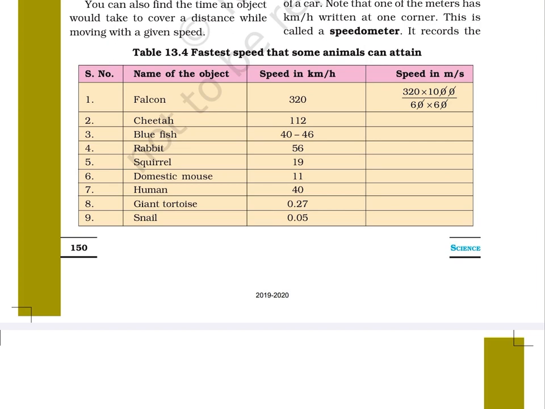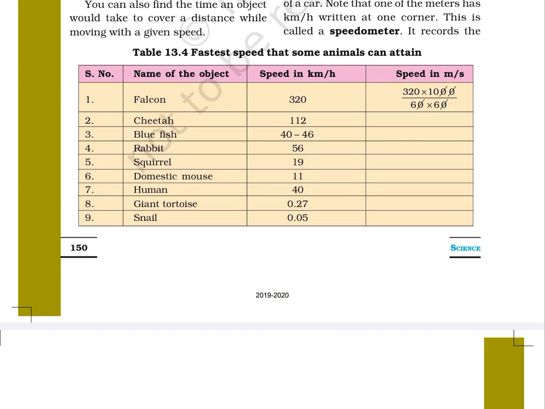From here on, speed is only given in kilometer per hour. You have to calculate speed in meter per second. Cheetah, 112 km per hour. Blue fish, 40 to 46 km per hour. Rabbit, 56 km per hour.